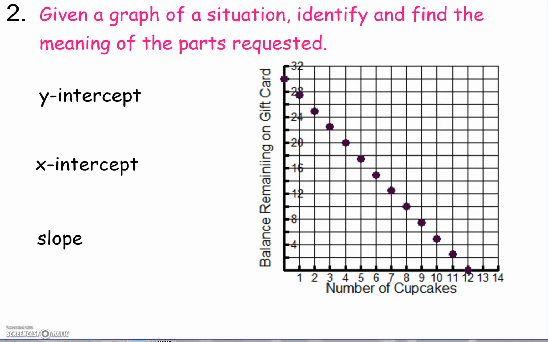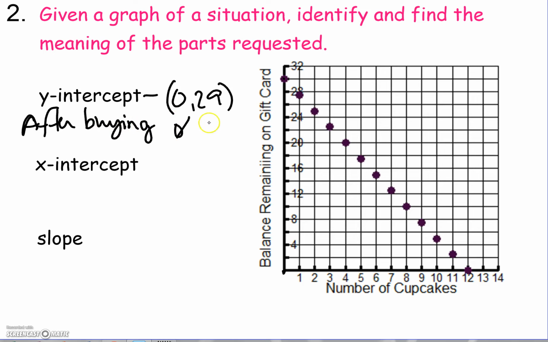Alright, given a graph of a situation, identify and find the meaning of the parts requested. Y-intercept, well, we know it's where x equals 0 and where it hits the y-axis, so the answer is 0, 29. What does that mean? After buying 0 cupcakes, the balance is $29.